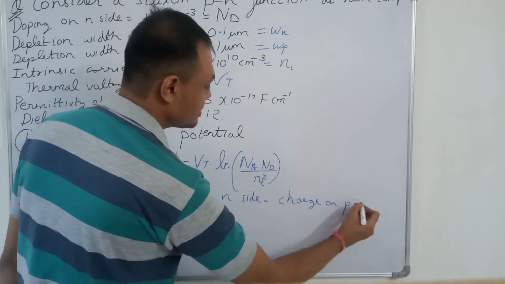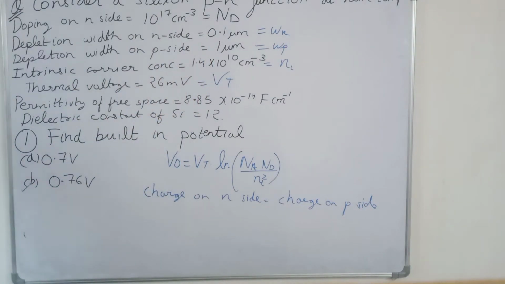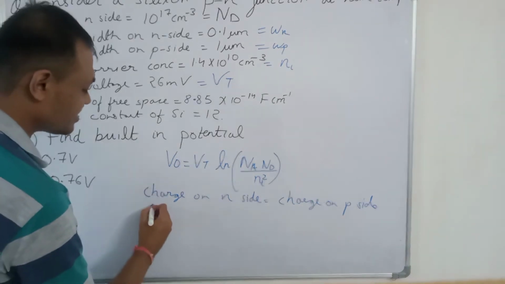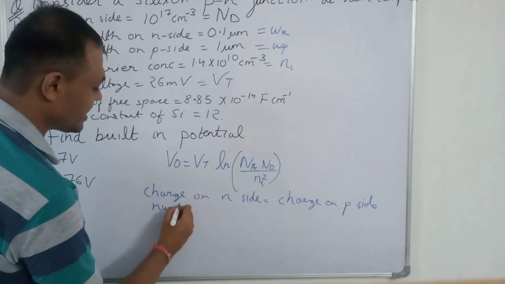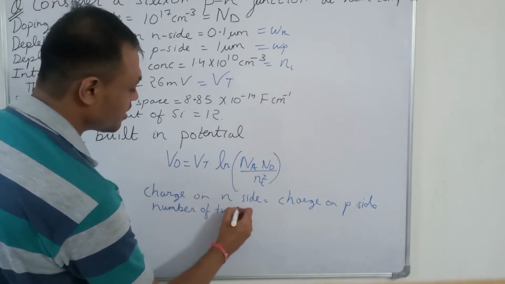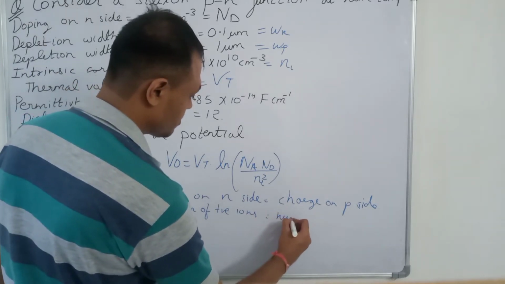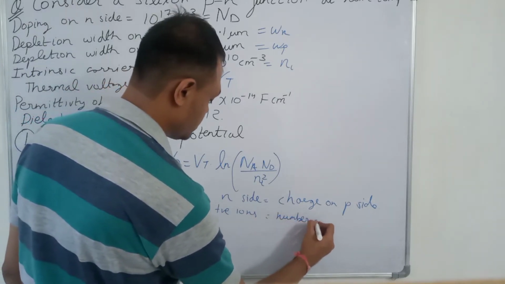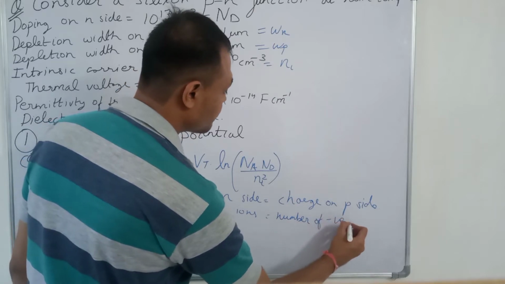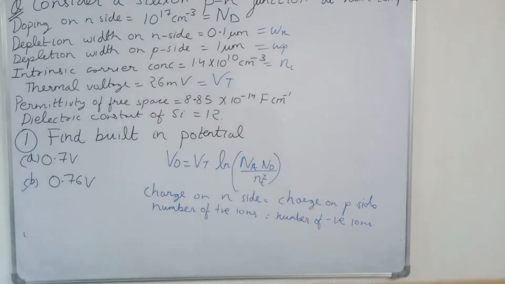In depletion region it has the property that the charge on N side is equal to the charge on P side, because the number of positive ions on N side is equal to the number of negative ions on P side.